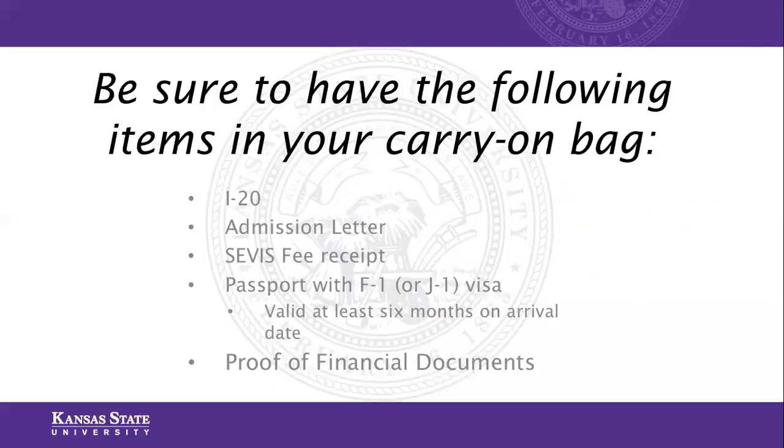You're going to want your admission letter from the university that you have chosen to attend, your SEVIS fee receipt, the passport that you have with your F1 or J1 visa in it, and make sure that your passport has at least 6 months of validity upon arrival, just because they want to make sure that your passport's not going to expire while you're in the U.S., because that may create complications as you're leaving. So just make sure that there's at least 6 months of validity left in your passport.